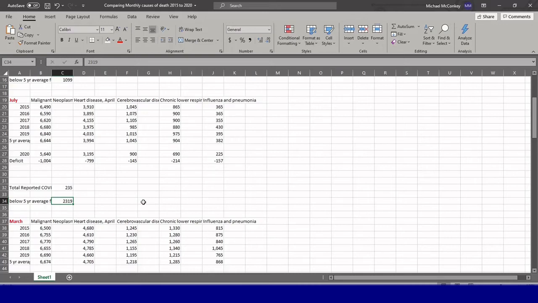The only explanation I can see is precisely that these people who would normally, statistically, based upon the average of the previous 5 years, have died in July, ended up dying in April or May, but there was also a large number of deaths. So I thought I better go through all 6 months. There's only 6 months here, so I'll go through them all.